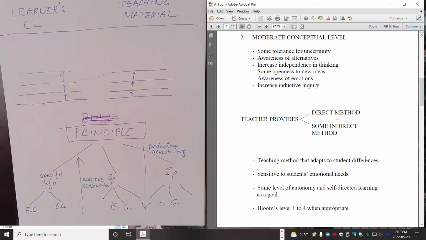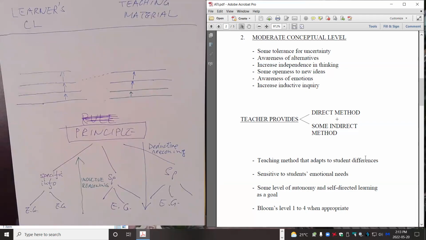Now, you may ask, how do we do that in a classroom situation? Well, remember cooperative learning. You may want to divide the class into subgroups.